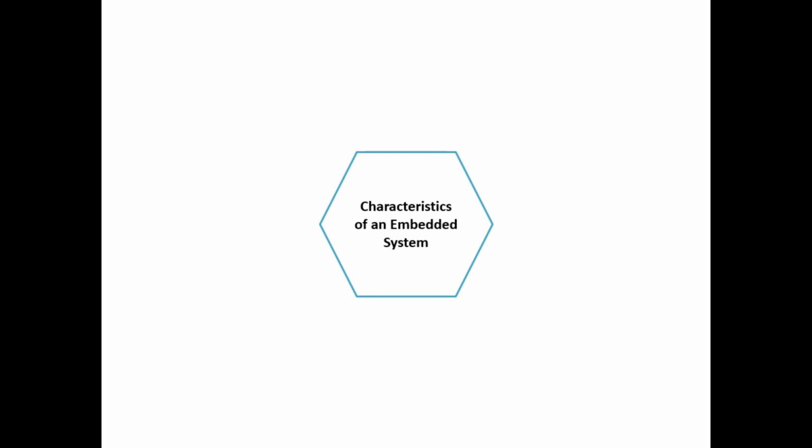We know that no matter what, any system will have a set of characteristics describing that system, right? Whether it is an embedded system or any non-embedded system for that matter.